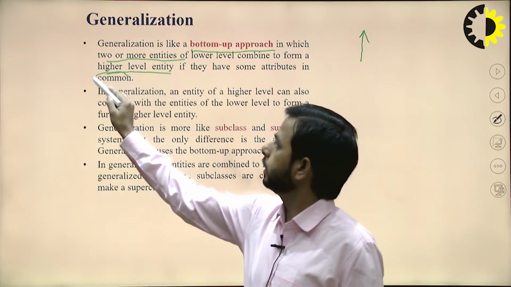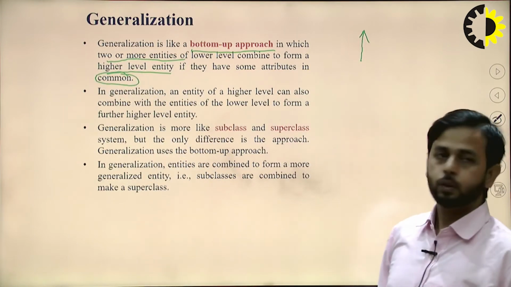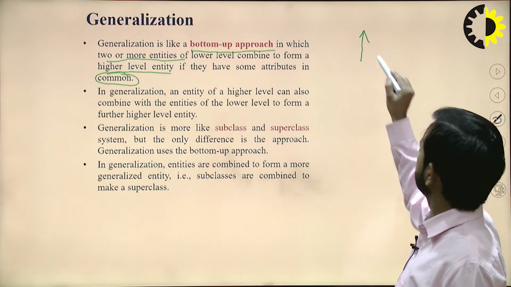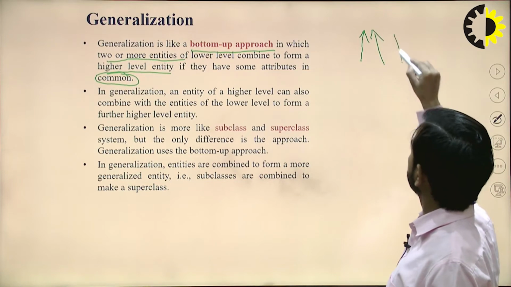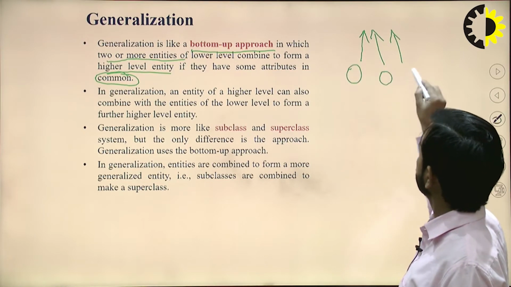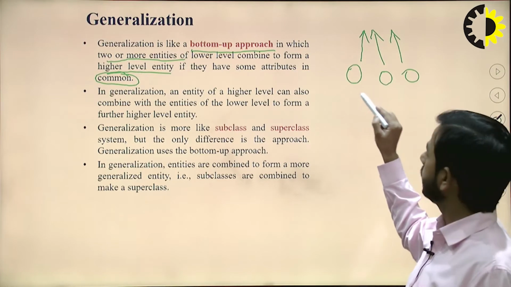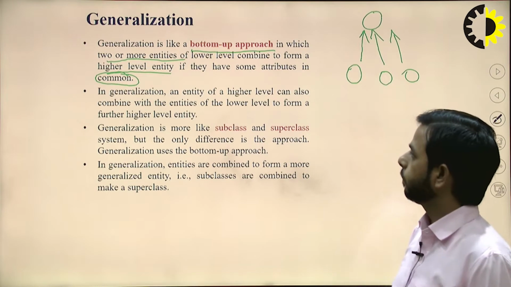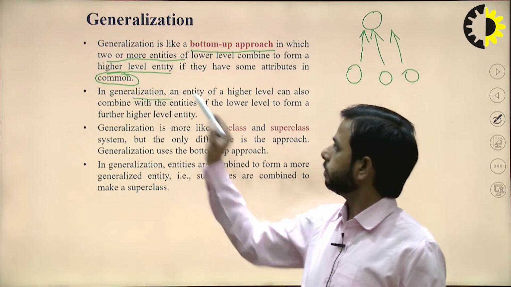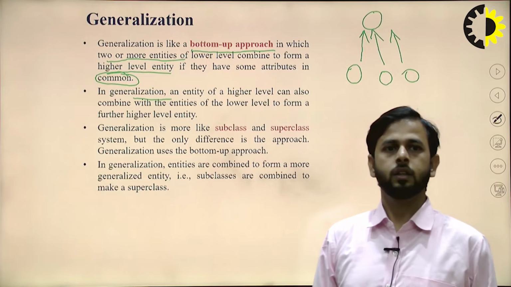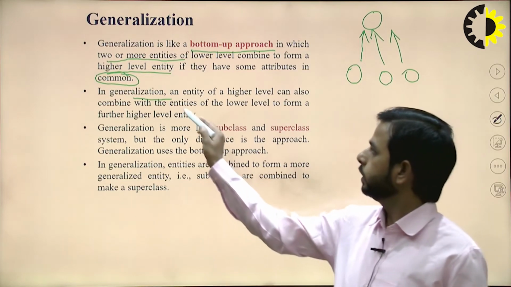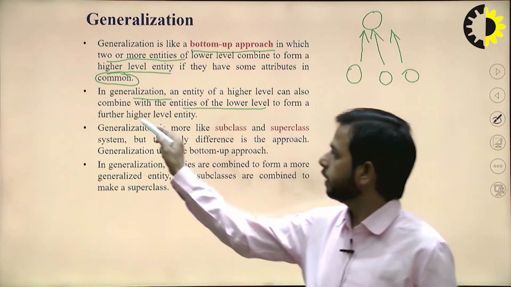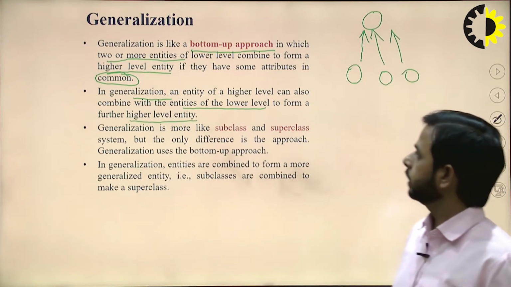Suppose there are three entities, and they have some common attribute, then they combine into one entity. In generalization, an entity of higher level can also combine with an entity of lower level to form a further higher level entity.